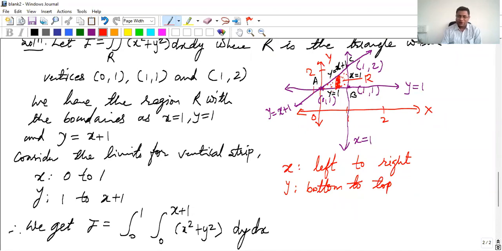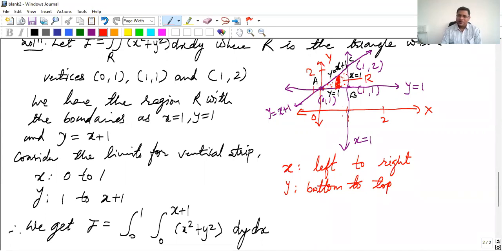That will give you the y limits. Then up to what point to the left and to the right we can move this strip: we can move x at the most to 0, and at the most to x is equal to 1. And that's why x has the limits 0 and 1.